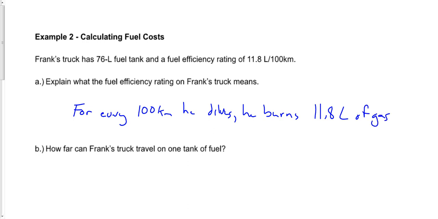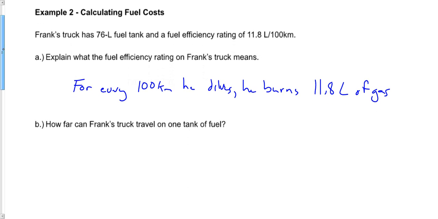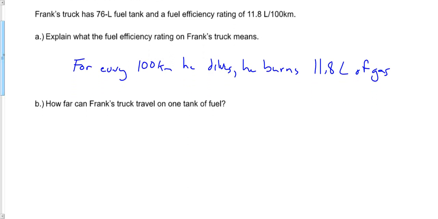Okay? So we want to know how far Frank's truck can drive on a single tank of fuel. We know it takes him 11.8 liters to drive 100 kilometers, and we know Frank's truck has a total capacity of 76 liters. So we want to figure out how far he can actually travel, how many kilometers.